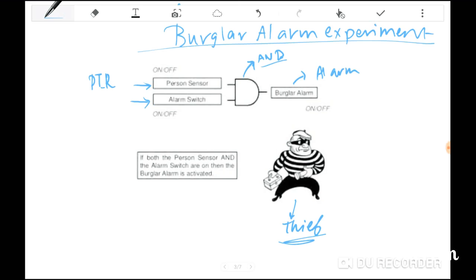PIR sensors, strictly speaking, are not used to detect motion. Is that clear? We do not use a PIR sensor as a motion detector. They only detect sudden or abrupt changes in temperature at a given point.